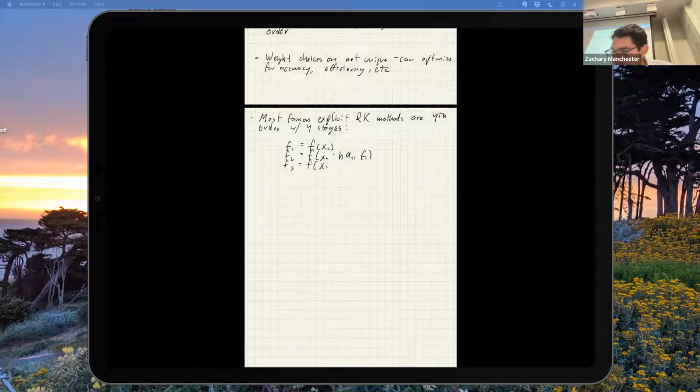I'm evaluating F at a bunch of intermediate points. So this is what the most generic fourth order RK thing would look like.